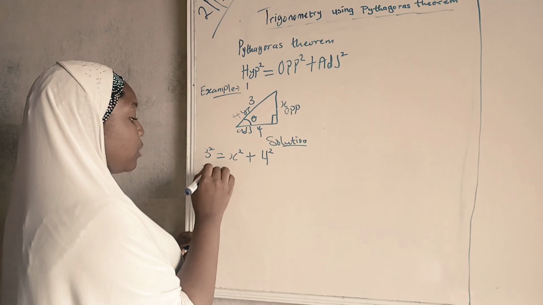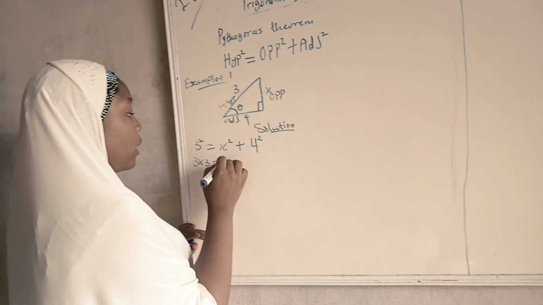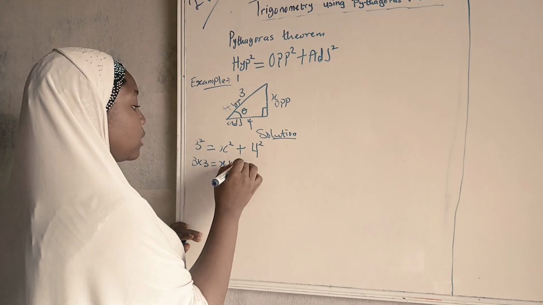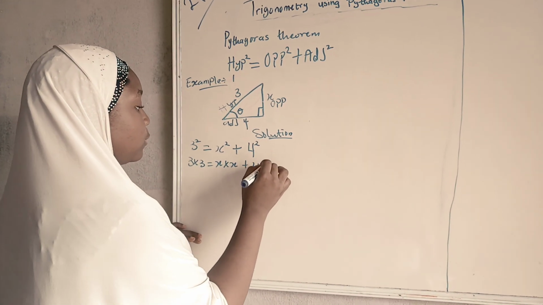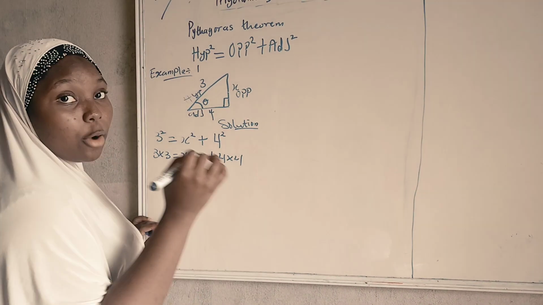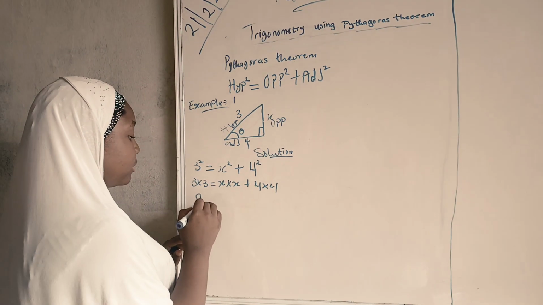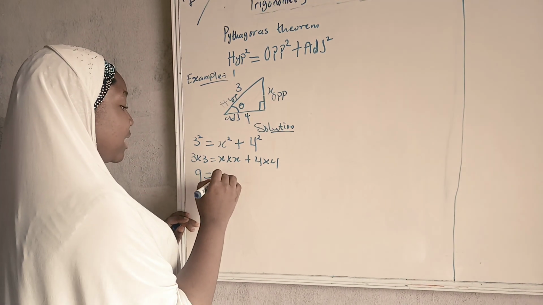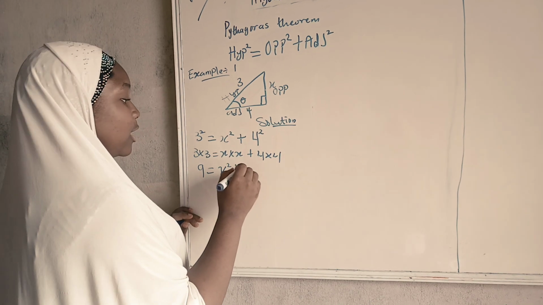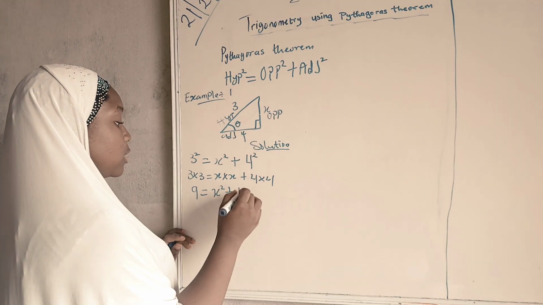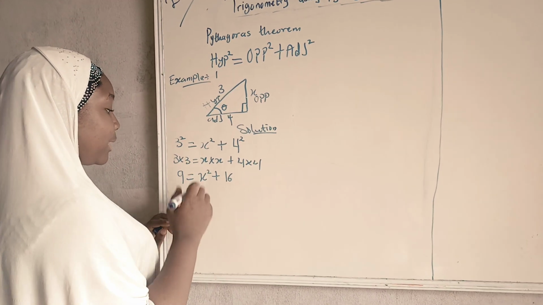3 squared is what? 3 times 3 is equal to x times x plus 4 times 4. I hope you understand what I'm doing here. 3 times 3 is 9. X times x is still x squared. Then 4 times 4 is 16. You collect like terms.